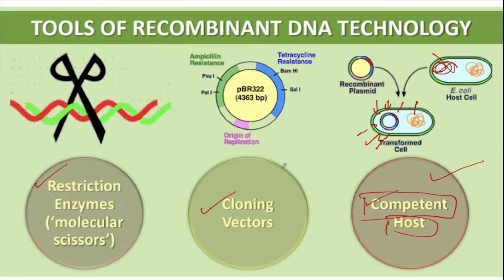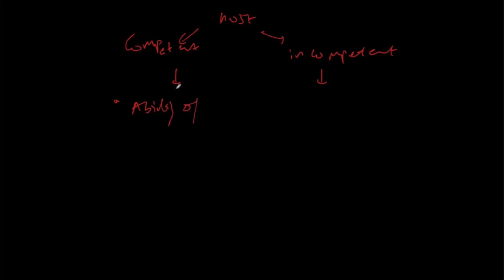So when I say this is a competent host and this is an incompetent host, on what criteria am I telling whether it's competent or not? Competency is defined as the ability of the host to take up the plasmid, right?